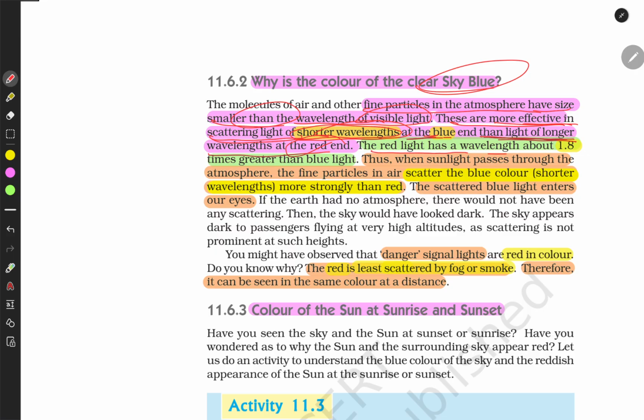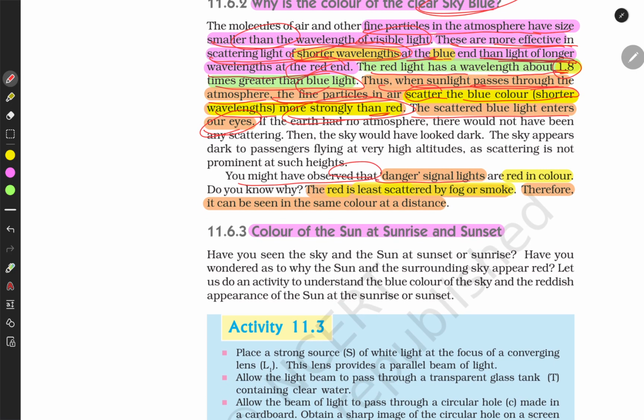The red light has a wavelength about 1.8 times greater than the blue light. When sunlight passes through the atmosphere, fine particles in the air scatter the blue light, of shorter wavelength, more strongly than the red. And this scattered blue light enters our eyes.